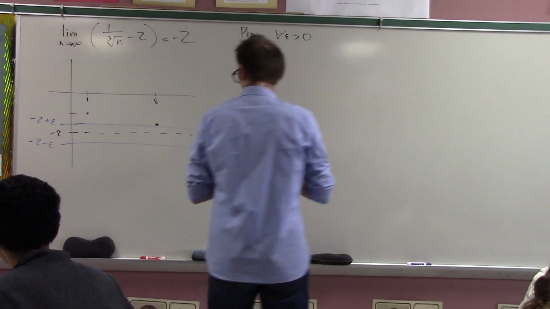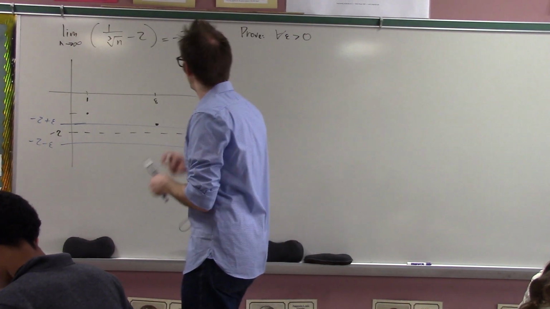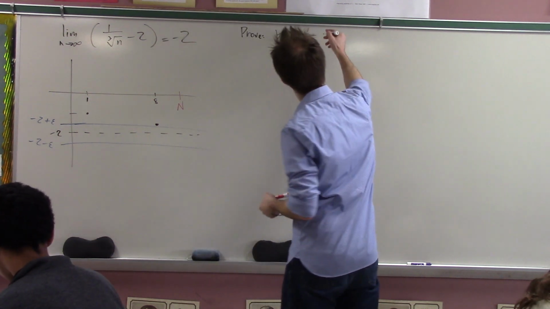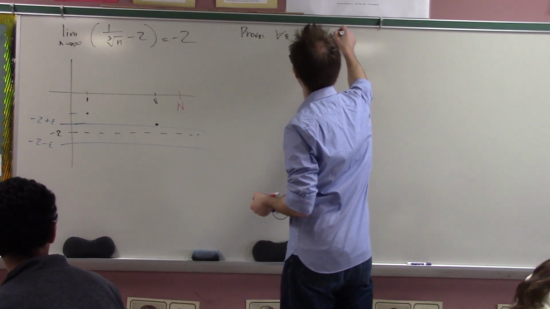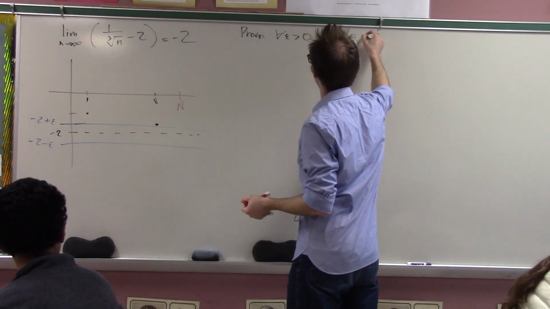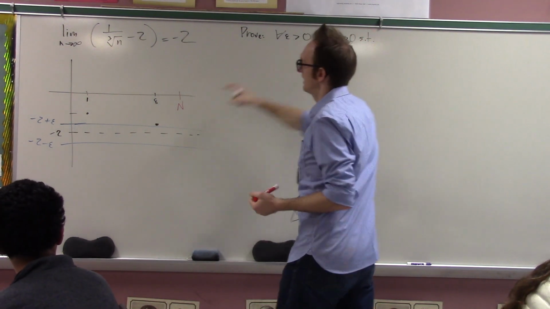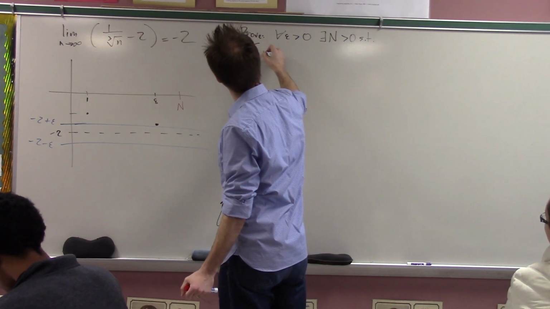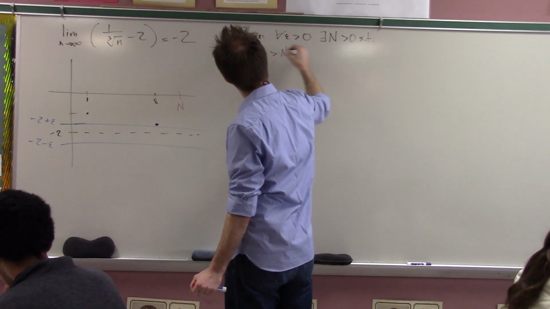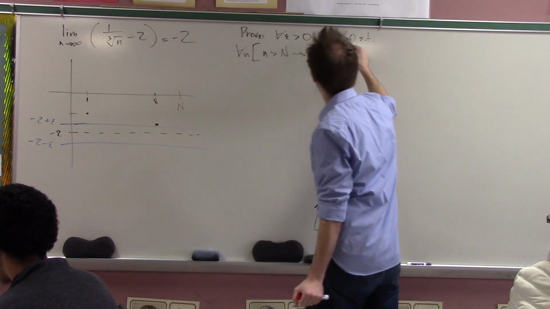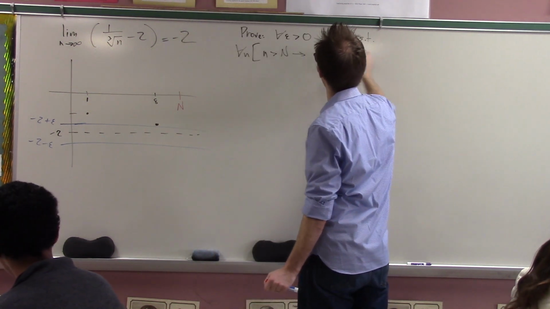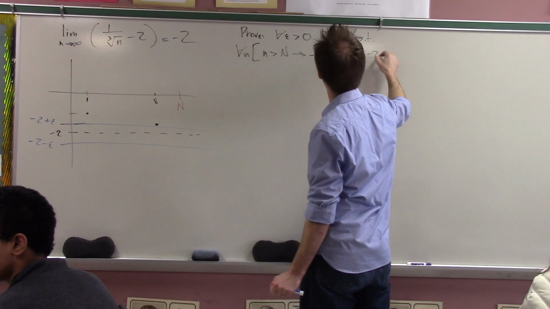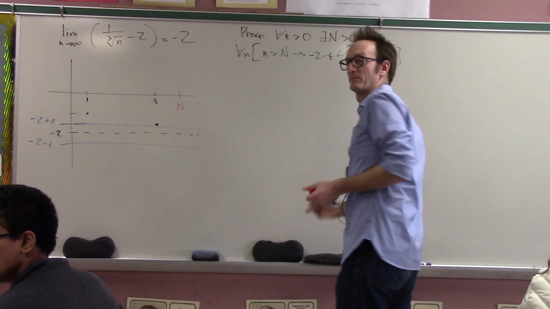For any possible epsilon, I can go out far enough, to some point n, so there exists an n greater than 0, such that if I go out to that point n, then everything past that has the property that that nth term is between negative 2 minus epsilon and negative 2 plus epsilon.